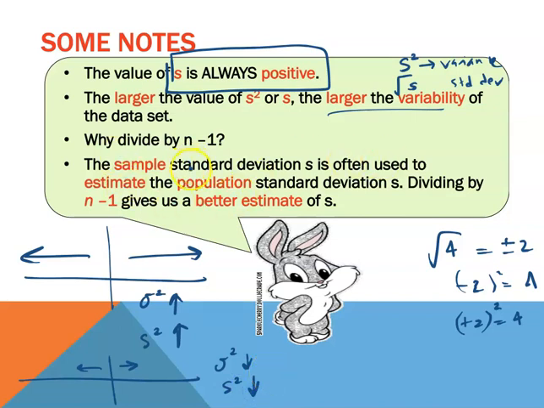Okay, so the sample standard deviation S is often used to estimate the population standard deviation sigma. Dividing by n-1 gives us a better estimate. It eliminates the bias, and the act of dividing by n-1 is called the Bessel correction.